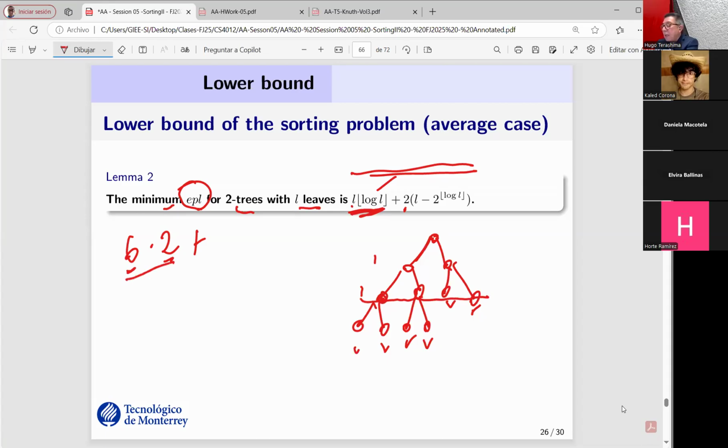This is L times floor of log L, and I need to count all these parts. So what is L minus 2 to the floor of log L? 6 minus 2 to the 2.